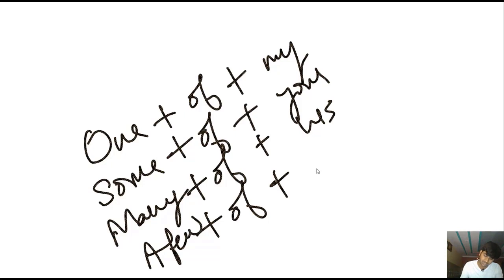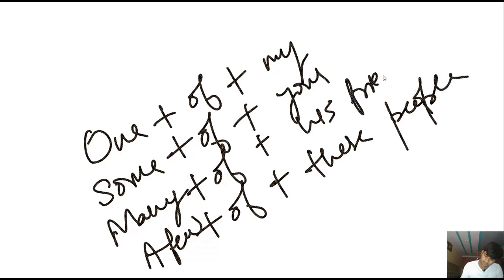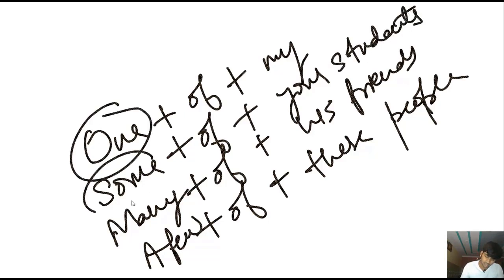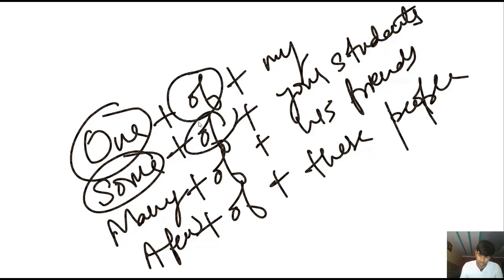You can say a few of these people, one of my friends, some of your students. So if you start with a quantifier followed by the preposition of, then you can use a possessive adjective or a demonstrative adjective as well, right?